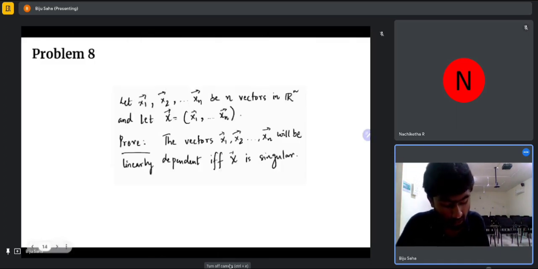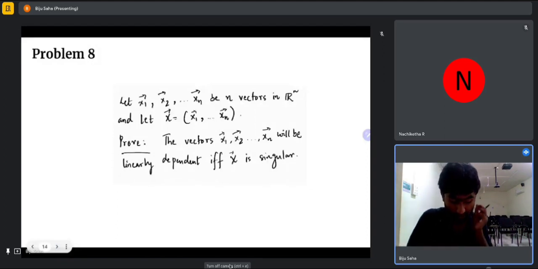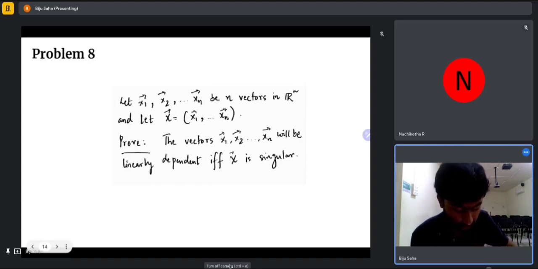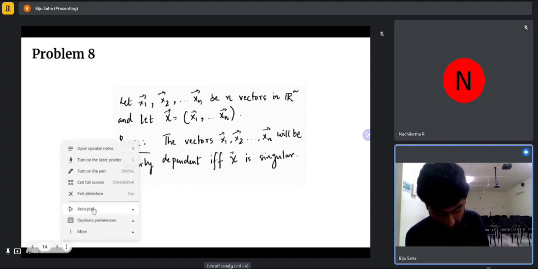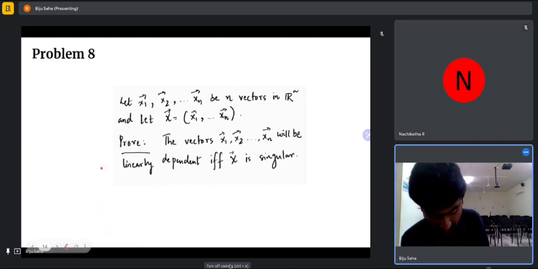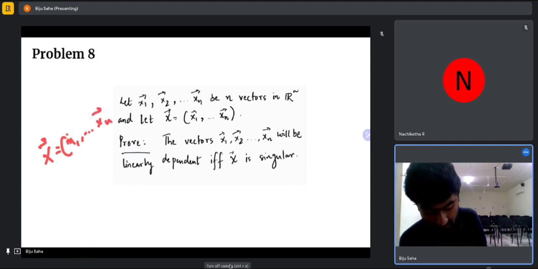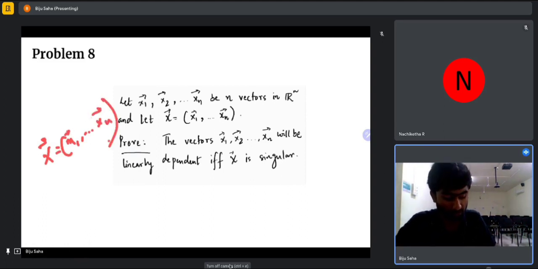Now let us come to the topic which is linear dependency again. So we have n vectors in the real space, represented as follows. So the x vector has n components, and we have to prove that if these vectors are linearly dependent, then the x vector is singular.